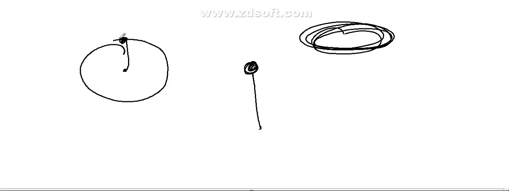The direction at this point is the tangent. It goes straight, 90 degree. That means the direction at this point is like this. So what is this? Tangent.